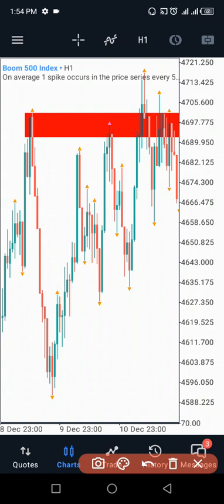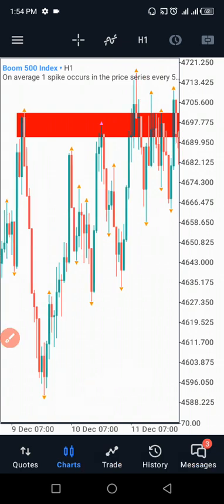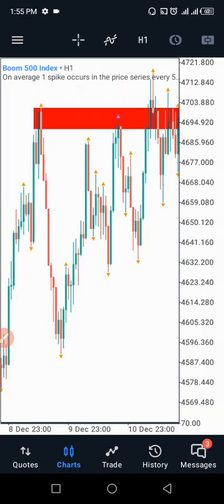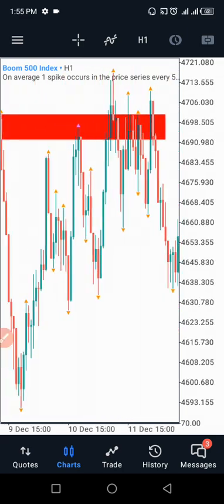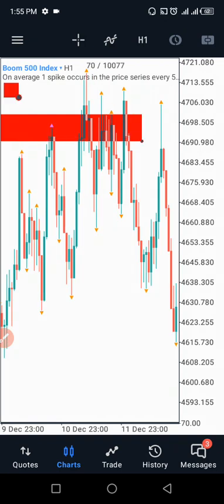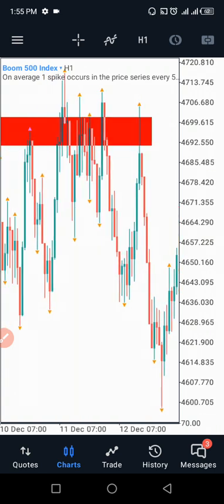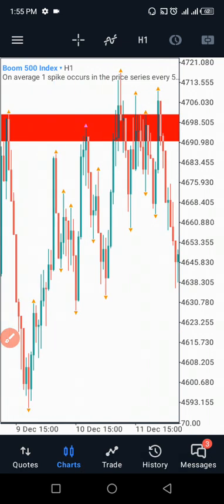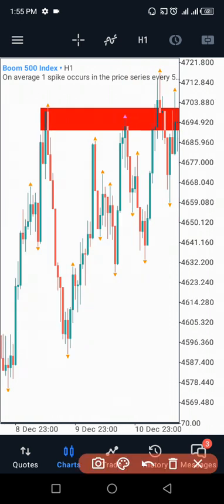So what you want to be doing is to wait for confirmation, because you can see that this was really a sell. Market was just playing around that zone, but it still sold. You can actually see that the overall direction of the market was a hard sell, guys.